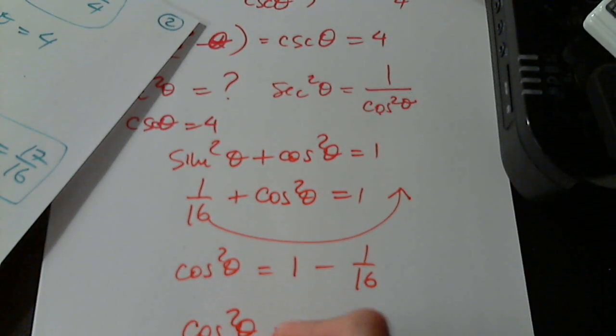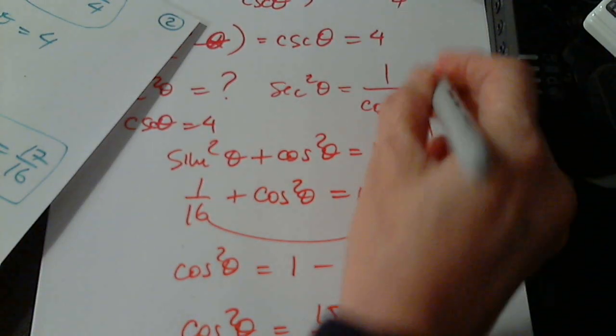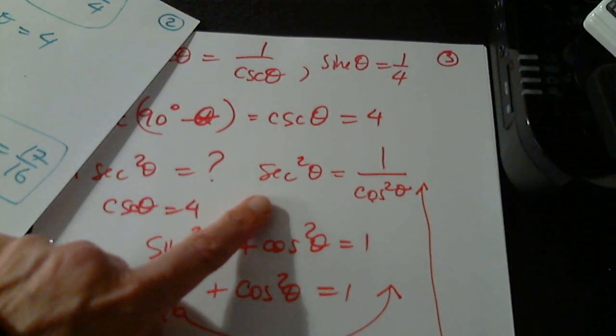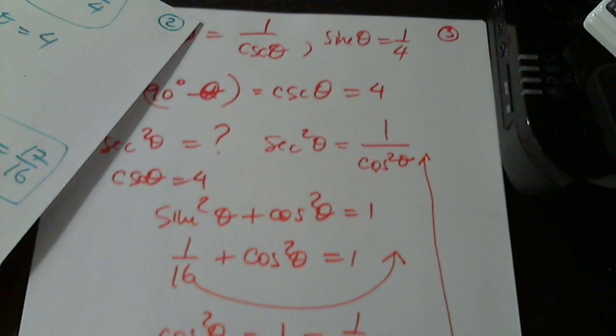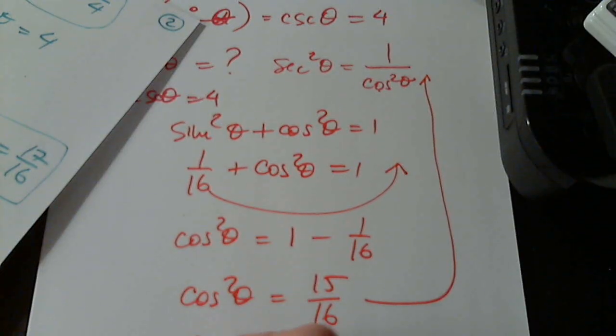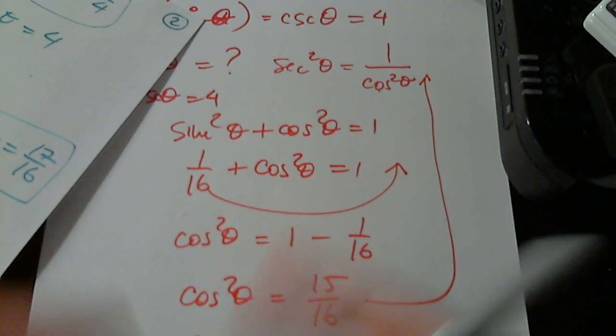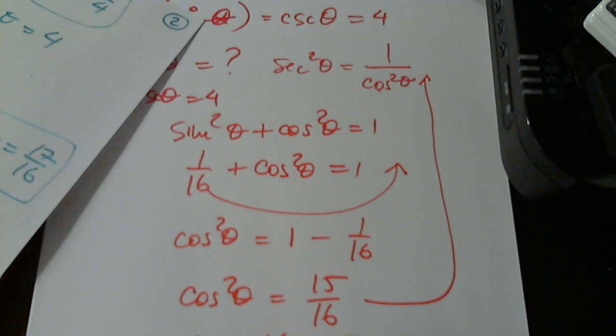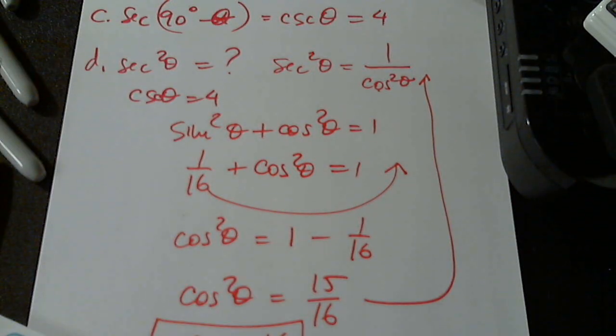So cosine squared theta is 15/16. I have the answer, because secant squared is 1 over this. Fine. Which means secant squared theta is 16/15. Any questions on this problem?